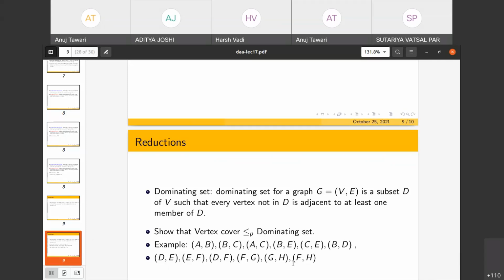And I want some kind of reduction. From this, I construct some other graph such that if I can solve dominating set on that graph, I can solve vertex cover on this. So let's say I want to ask the question, is there a vertex cover of size at most 5 in this graph? I'm not interested in solving this problem. I just want to reduce it to this dominating set.